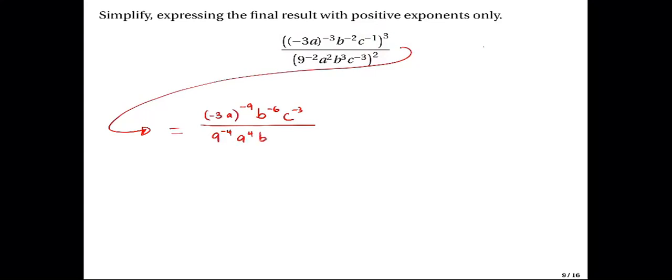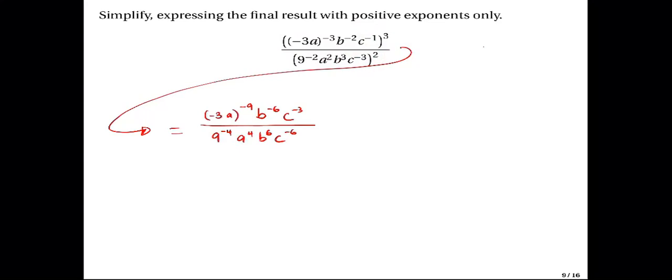And then b here, we have 3 and 2, so b raised to 6. And then c, we have here negative 3 and 2, that's negative 6.